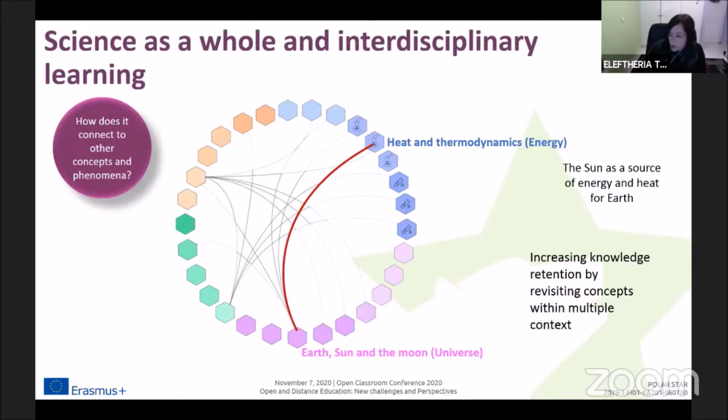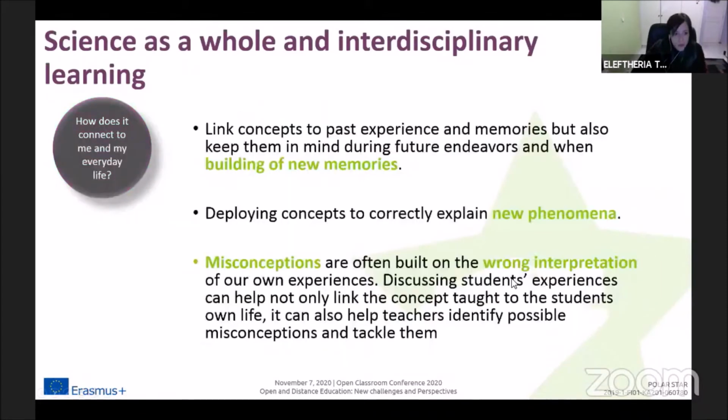And moving to the third method, which is personalized learning. Here we have three important elements. One is that we want to link the concepts that we teach our students to their past experiences and memories, because this is how we add the emotion to it. But we also want to help them build new memories related to that concept, and that we do in class.